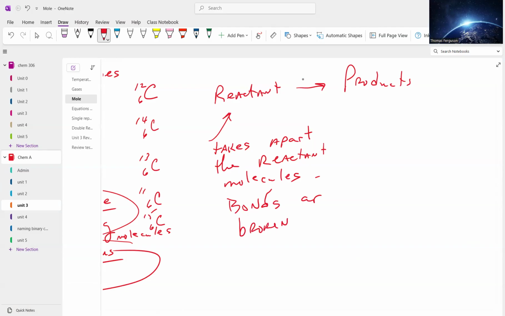And then what happens here is you've got a complex of taken apart reactant atoms. And there's a fancy name for that. That's called the activated complex.